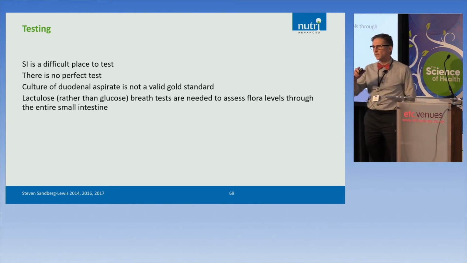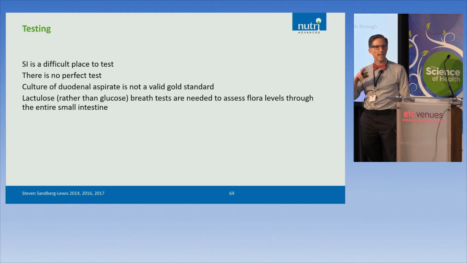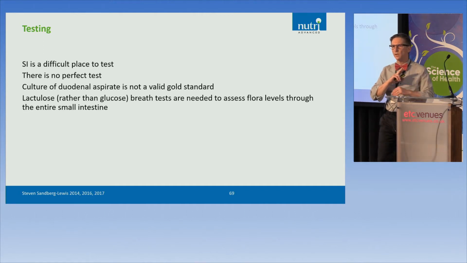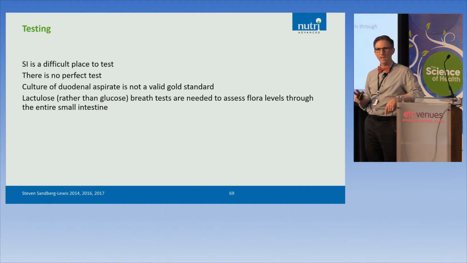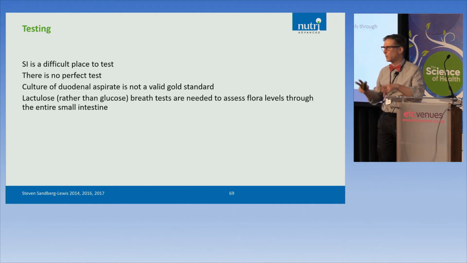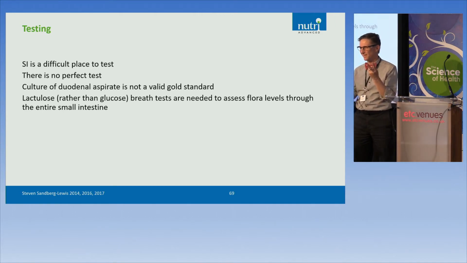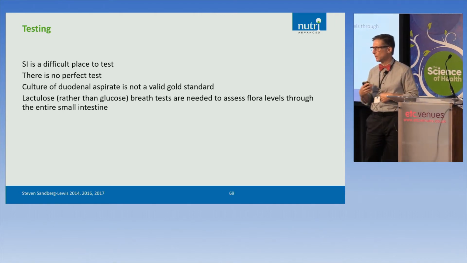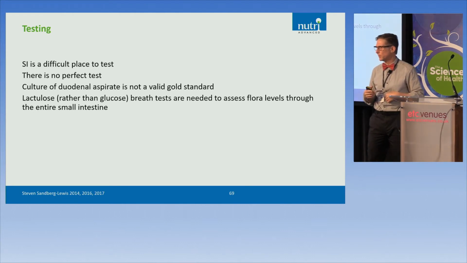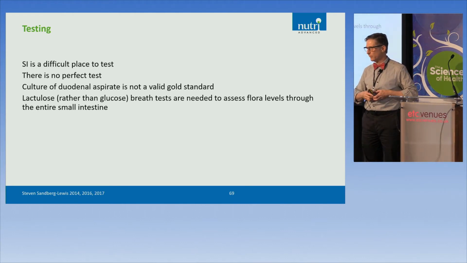When you look at the stats, the sensitivity and the specificity of lactulose versus glucose, glucose looks much better. The reason it looks much better is they're comparing it to the gold standard, the duodenal culture, which is only measuring the very proximal overgrowth.